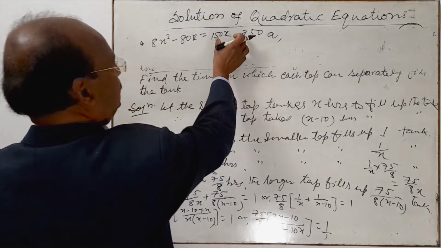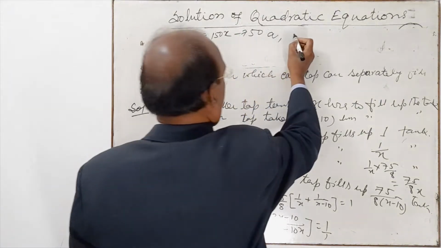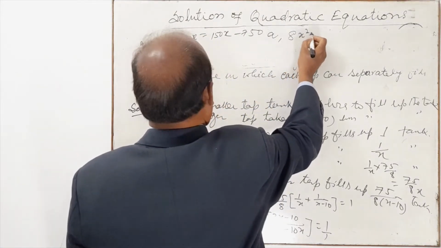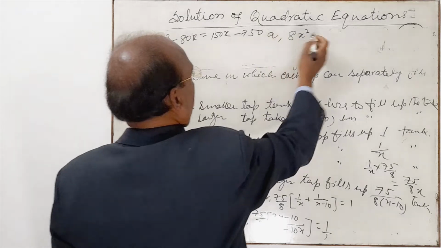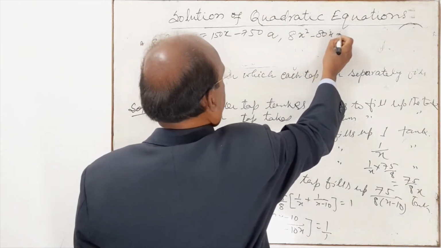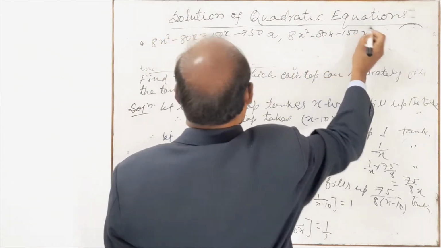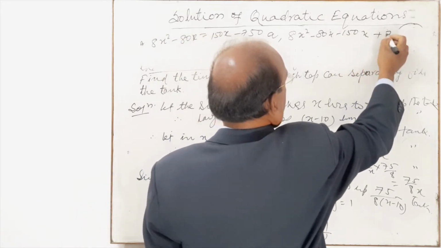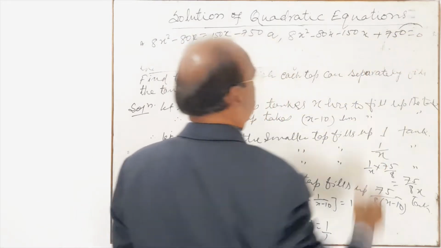Now let us transpose these two terms to the left hand side. We will get 8x² − 80x − 150x + 750 is equal to 0.